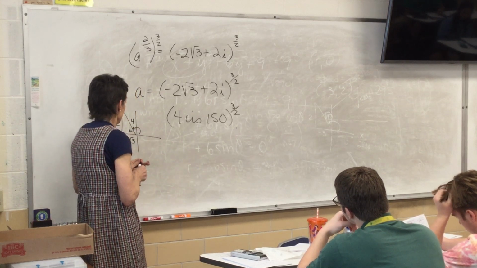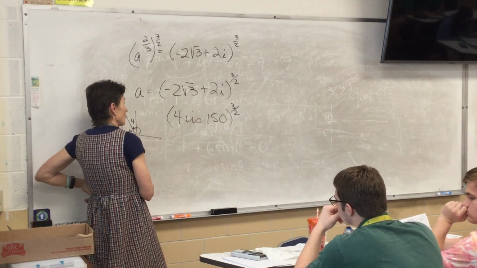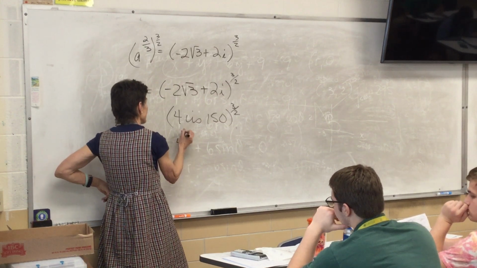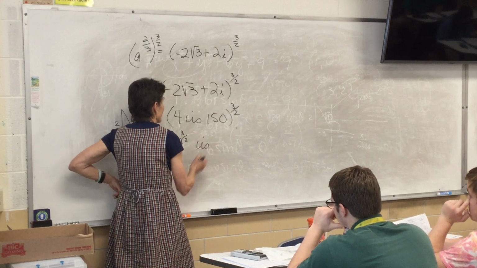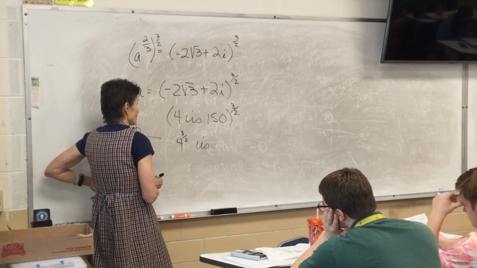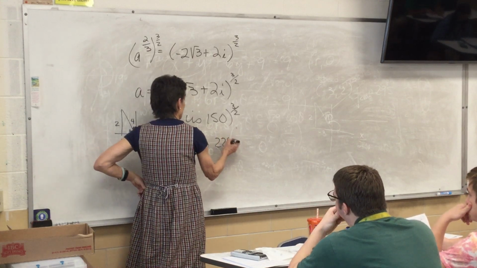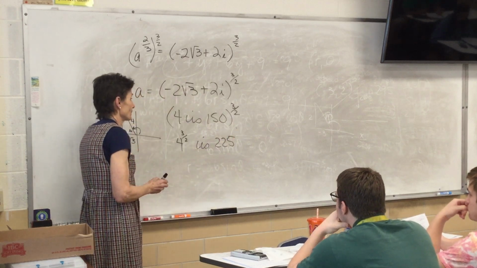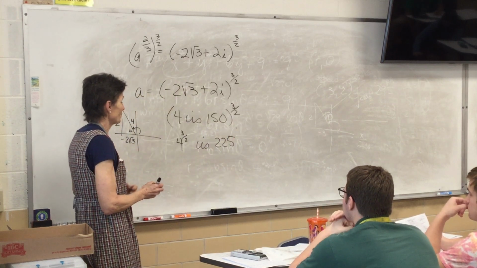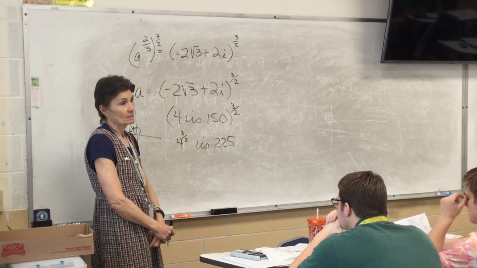Yeah. Okay. So, now I'm going to actually do the theorem. I'm going to take 4 to the 3/2, and I'm going to multiply 150 times 3/2. 225, 75 times 3. So there's my first answer.